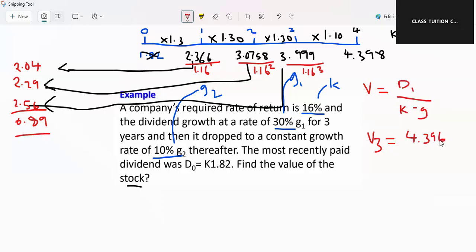Then our K, which is our market rate, 16%, and our growth rate for the second phase was what? 10%. So 0.10. So the value of stock as at year 3 will be 4.396 divided by 6% here. So the value of stock as at year 3 here will be how much?